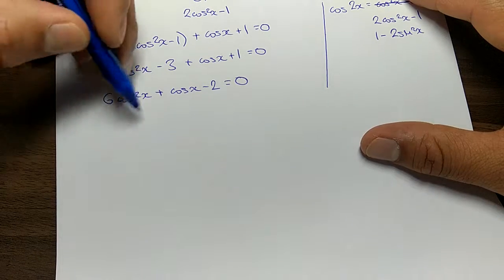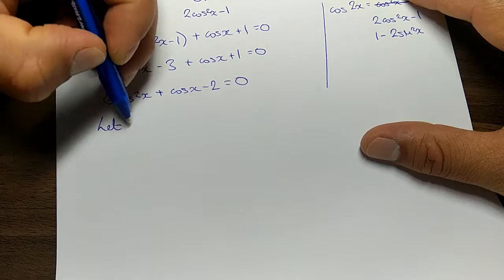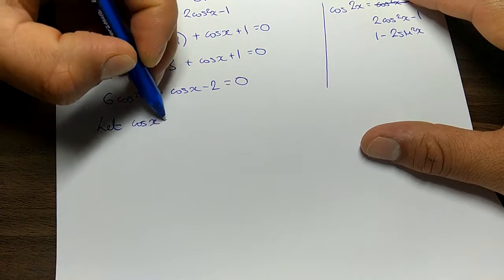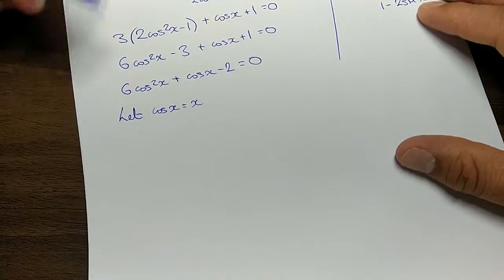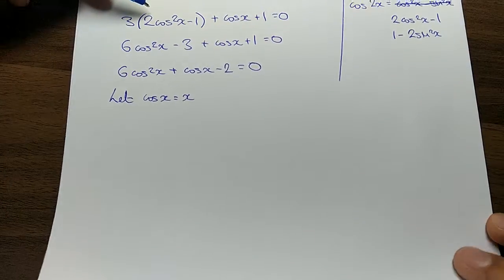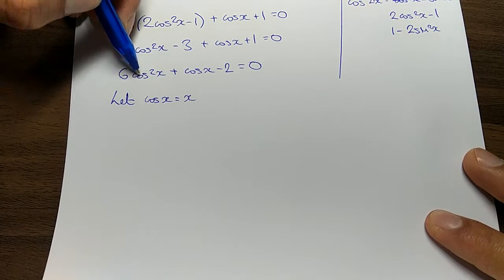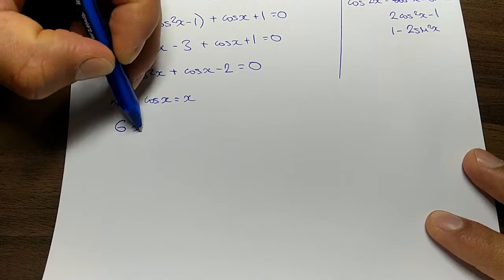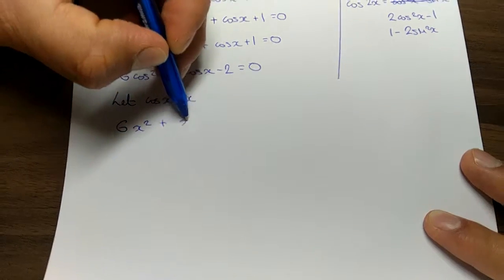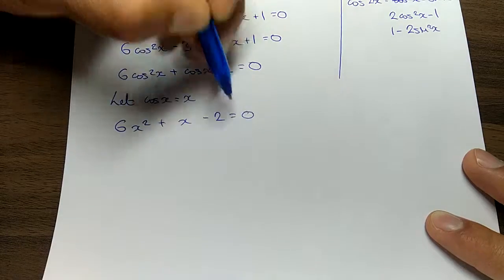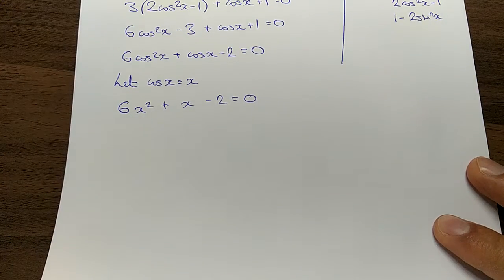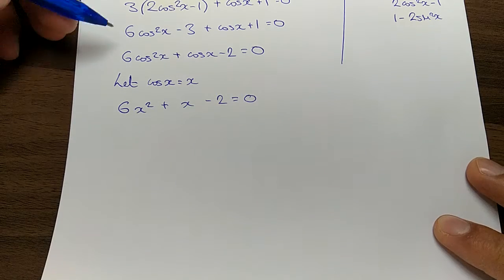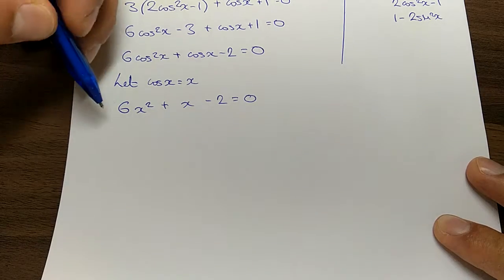To factorize this, we simply make a statement, let cos x just be x. And that way we can rewrite this as a normal quadratic, so we effectively get rid of the word cos. So that becomes 6x squared, plus x, and it still stays the same, -2. This is significantly easier to factorize than that.